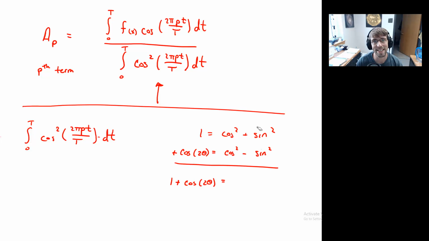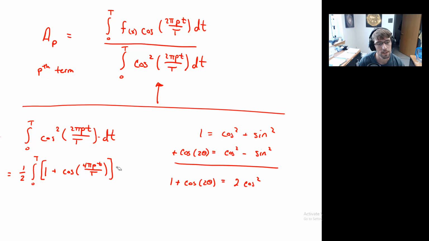That way the cosines add, the sines subtract, and I end up with 2 cosine squared. So if I want to integrate this, I can do a trig substitution: 1/2 the integral from 0 to T of 1 plus the cosine of 4 pi pt over T, and that whole quantity is dt.